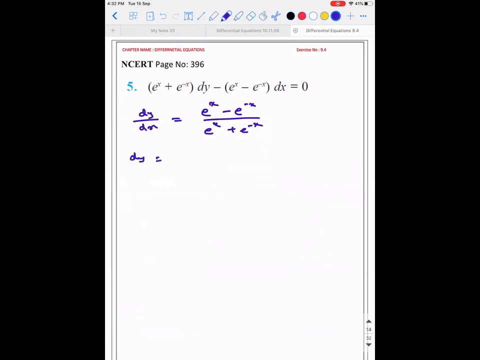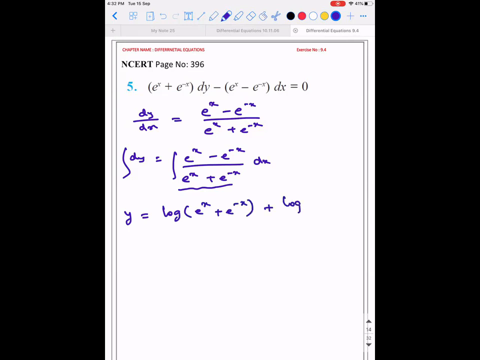So dy will be equal to e power x minus e power minus x divided by e power x plus e power minus x times dx. Integrate on both the sides. Y will be equal to, what do you get here? If you take the denominator as t, numerator is a derivative of t. So you will get log of denominator e power x plus e power minus x plus you can take it as log c.